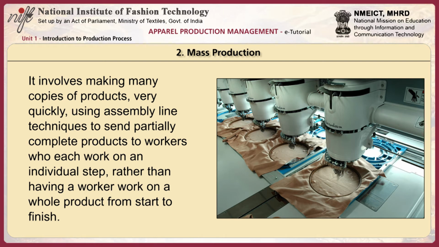Mass production involves making many copies of the same product very quickly using assembly line techniques to send partially complete products to workers who each work on an individual step rather than having a worker work on a whole product from start to finish.